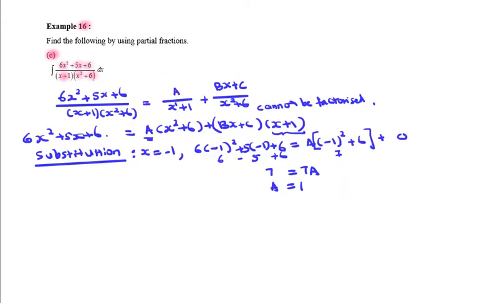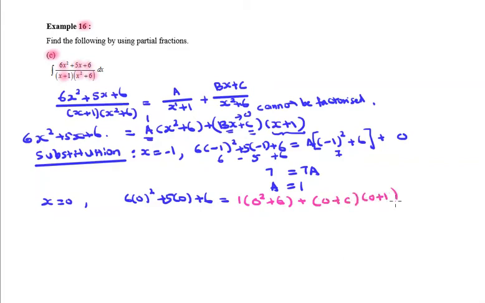Then to find c, because a is 1, I set x as 0 so that I can cancel bx. So substitute x equals 0 on left and right. 6 times 0 squared plus 5 times 0 plus 6 equals a, substitute a as 1, times 0 squared plus 6, plus b times 0 is 0, plus c times (0 plus 1).